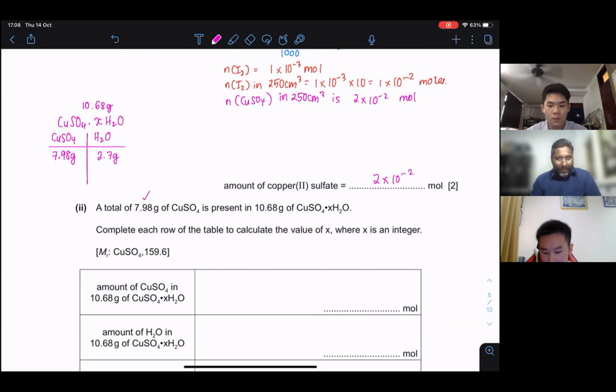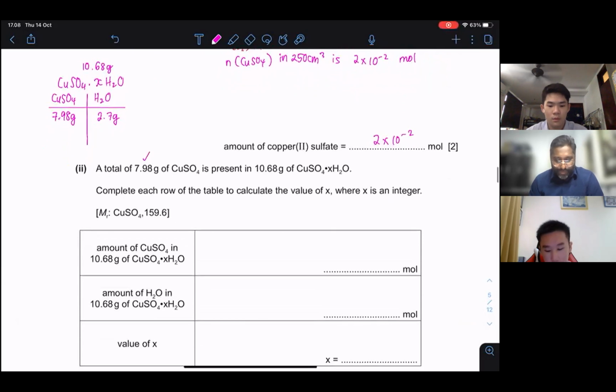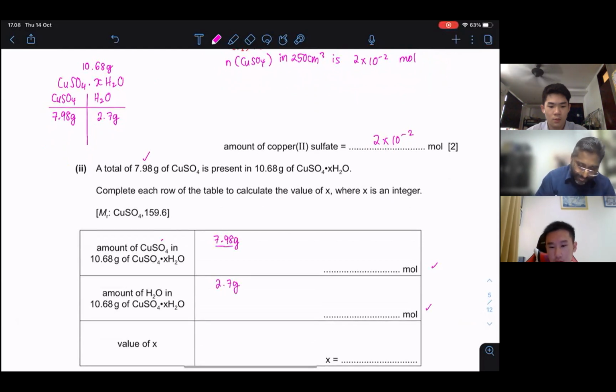Here you still need to find the moles. You see the amount of copper sulfate is 7.98 gram, amount of water is 2.7 gram. I still need to find the number of moles, so let's divide. Copper sulfate is 159.6, water is going to be 2 times 1 plus 16, so total is going to be 18, the Mr of water.